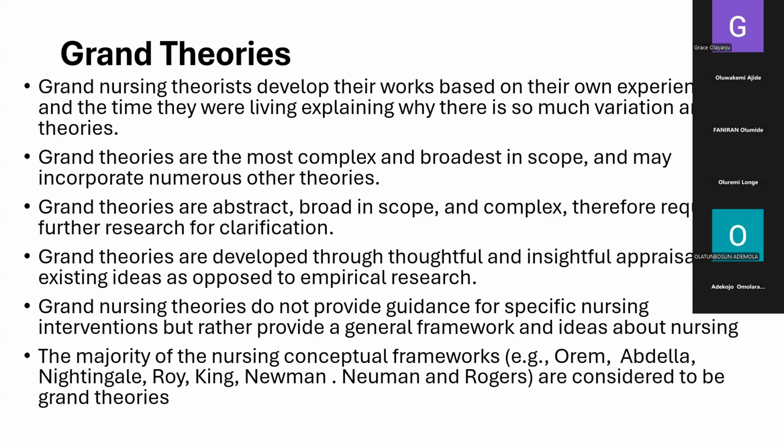And then Martha Rogers's theory is the science of unitary human beings that we talked about. They are all grand theories. Okay? We can't use them to prescribe interventions. No. We just use them to develop insights about what nursing really looks like generally.